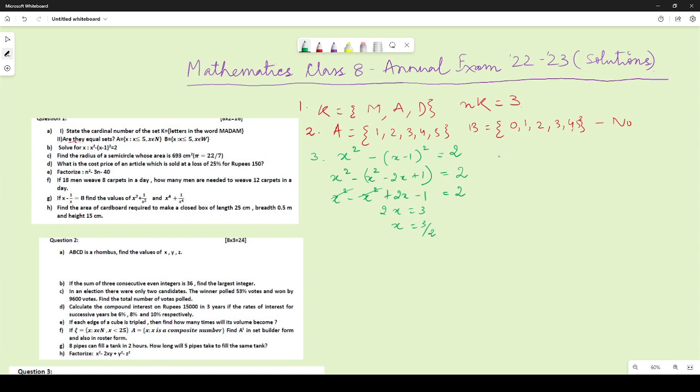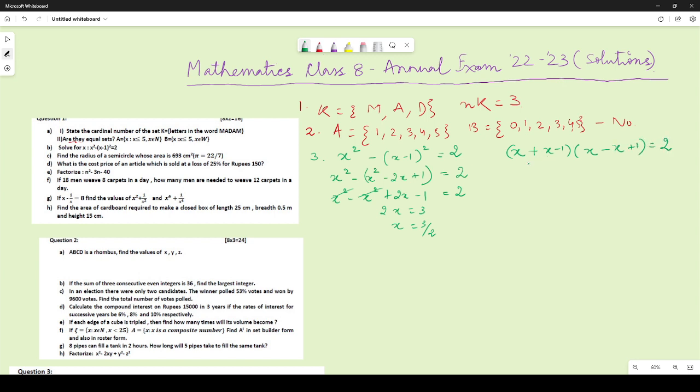अभी इसको हम a square minus b square के फॉर्मूले से देखते हैं. So a square minus b square is a plus b into a minus b. So x minus 1 into a plus b into a minus b. So x minus, आप याद कीजिए ये साइन सारे चेंज हो जाएगा, minus x plus 1 equals to 2.